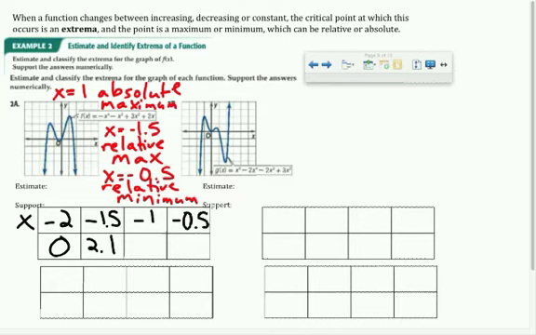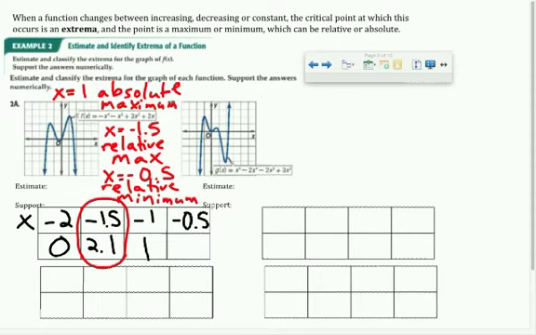When I plug in -1, I've got -1 plus 1 plus 3 minus 2, which is 1. And so far, it would appear that I have supported that there is a relative maximum at negative 1.5, because when I went to the left of it, my y value was smaller. When I went to the right of it, my y value was smaller. That's what you're looking at.